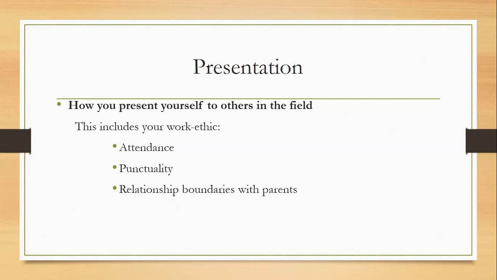Maybe the children are at the same school, they are in the same clubs or on the same sport team, so you really have a personal relationship with a parent, but you have to have boundaries, because when it comes to professionalism, when you need to tell a parent about what's going on in the classroom with their child, you need to be able to make that line and don't just treat their child differently, and don't sort of favor one over the other just because of that friendship you have with the parent.